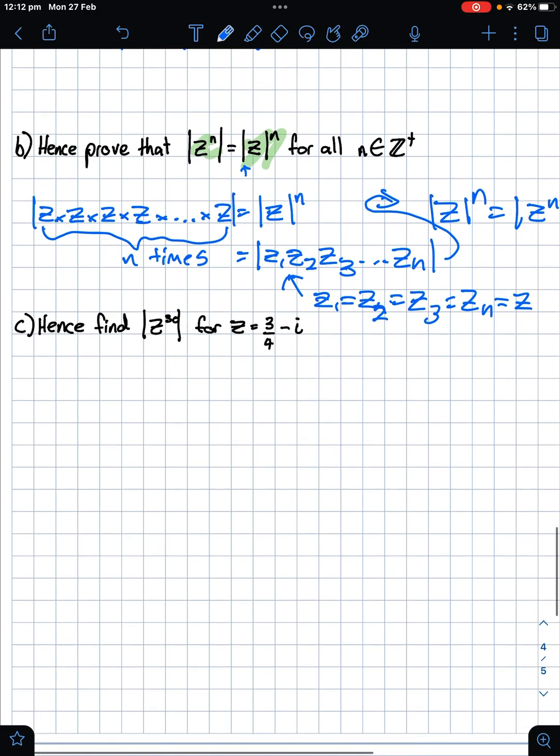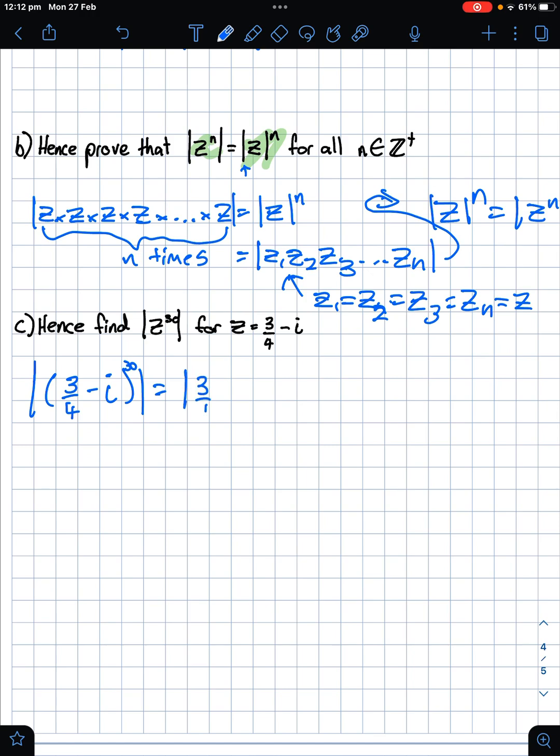So the final bit is we're looking at Z to the 30, and we're given a value for Z. So we're looking at the modulus of 3 over 4 minus i, to the power of 30. Let's use what we learned in the question before.